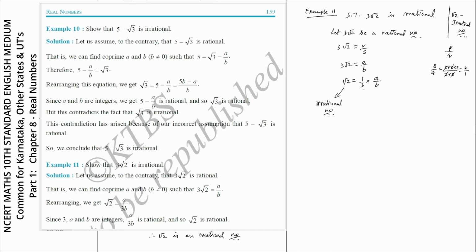Now what is 1 by 3? 1 by 3 is a rational number, and a by b also is a rational number. So when we multiply two rational numbers, we get a rational number. So left hand side is an irrational number.